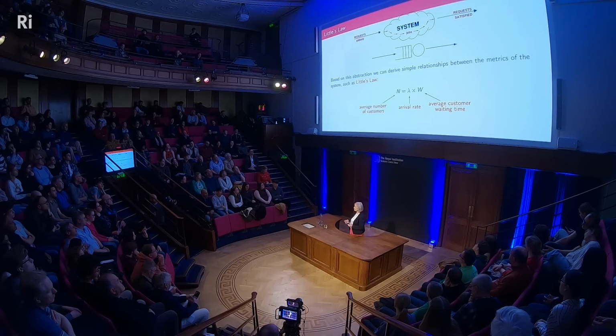And this very simple formula is quite intuitive if you think of a completely deterministic system. So if we think of a system where perhaps somebody arrives every 2 minutes, that would be our arrival rate is 0.5. And on average, people are waiting 8 minutes in the system.